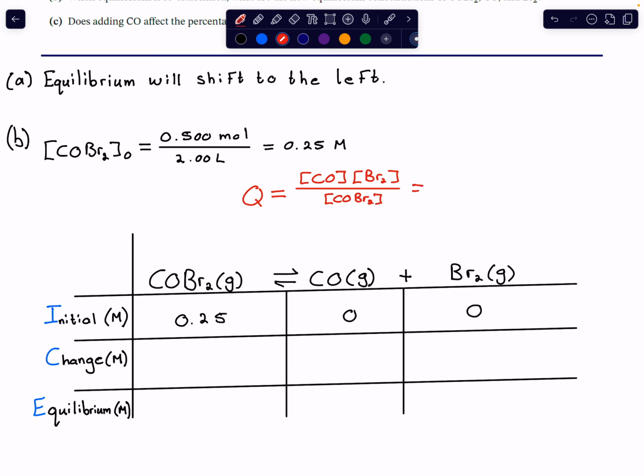And we see that is equal to 0 divided by 0.25, so it's 0, which is of course less than the Kc, which is equal to 0.190. So that means our forward reaction is favored.